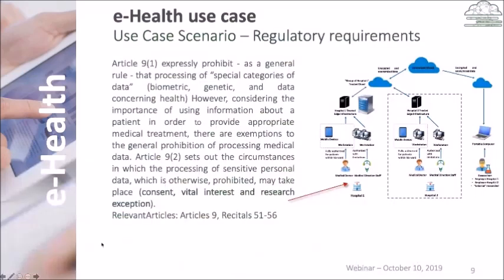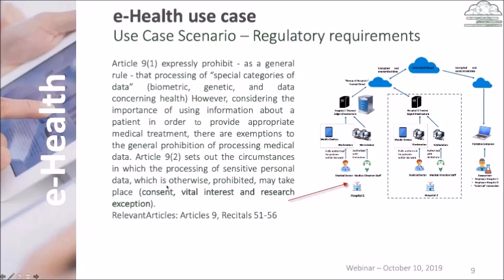Okay, I want to show some slides regarding regulatory requirements that we consider in our project. These are part of the European General Data Protection Regulation, and we can see that sensitive data, as we have, because this data regards the health status of the patient, can be used just under some specific conditions.